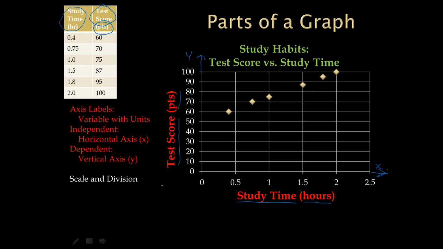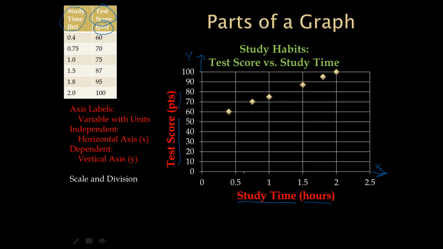And next, we have to come up with some type of scale and division for our graph. We need to take a look at the range, or the maximum to minimum values that we have on our set of data to determine that. So on study time, I end up going up to 2 hours of study time. So I'll want to make sure that I have at least that much on my horizontal axis. This one I've gone up to 2.5 hours, so that's enough to cover it.